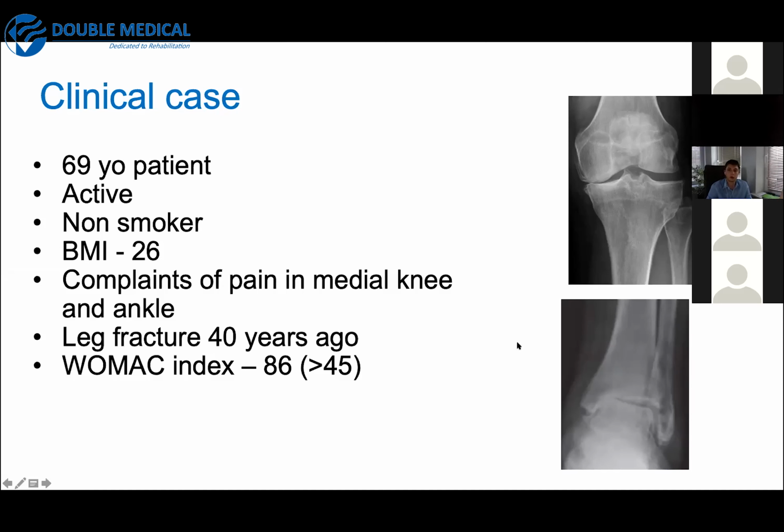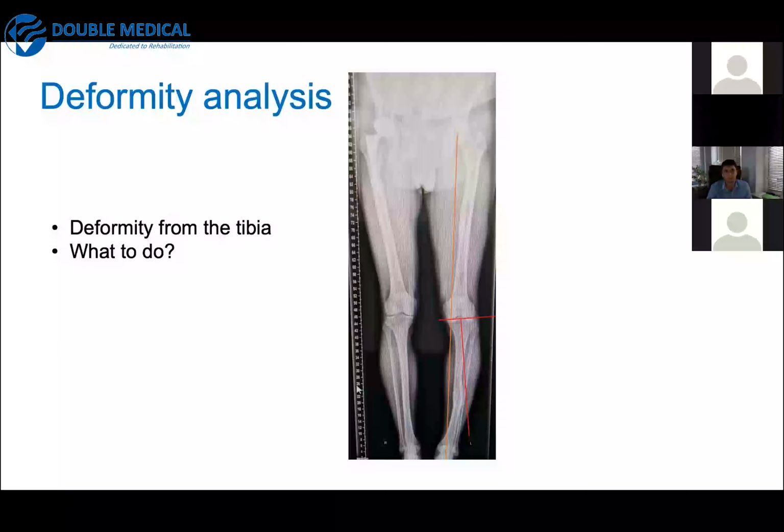He reports that he had some type of leg fracture 40 years ago. The WOMAC functional score is 86, and as was discussed, if it is higher than 45, a result above 60 is pretty good also.